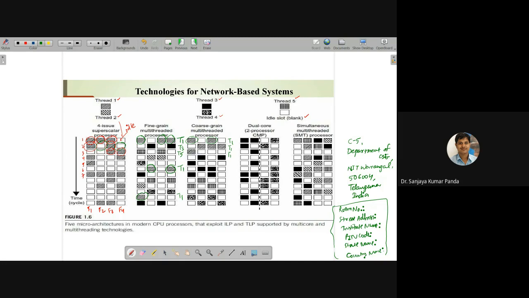the thread is completed. So before switching to another thread in a coarse multi-threaded processor, you have to complete the previous thread. One thread may take 3 clock cycles, another may take 5, another may take 2. But once you complete it, only then can you move to another thread.